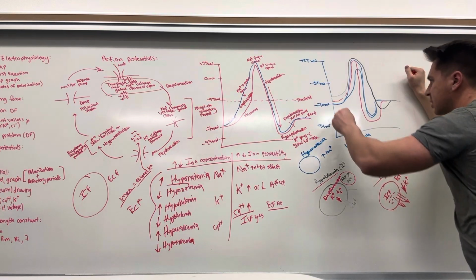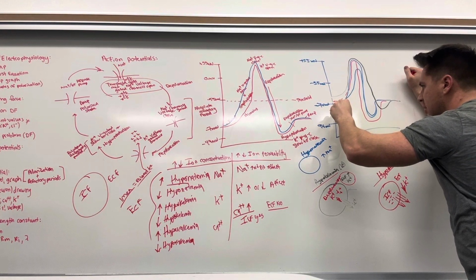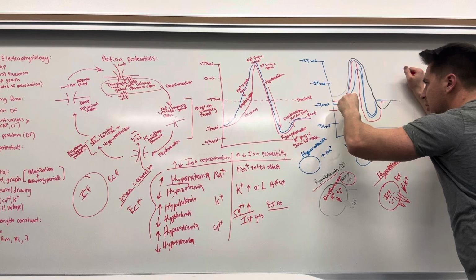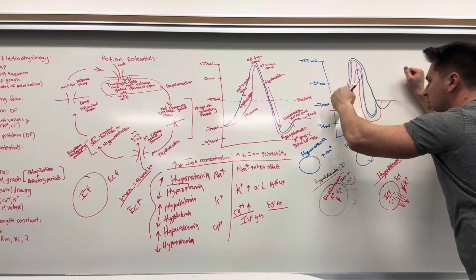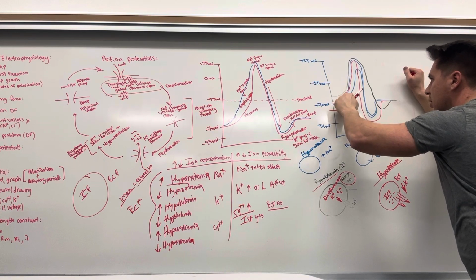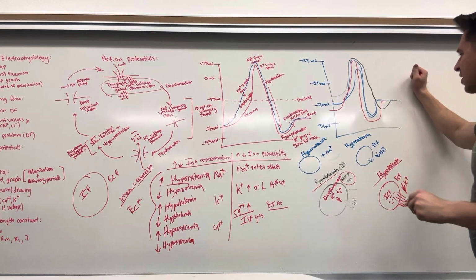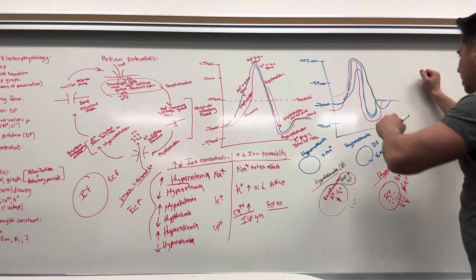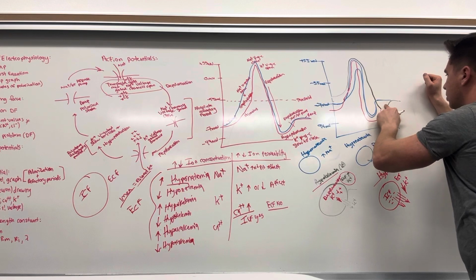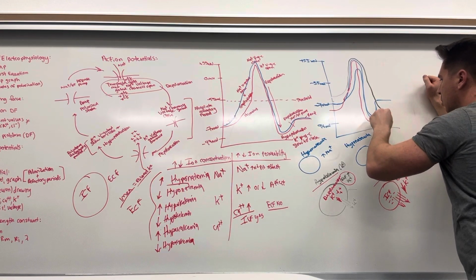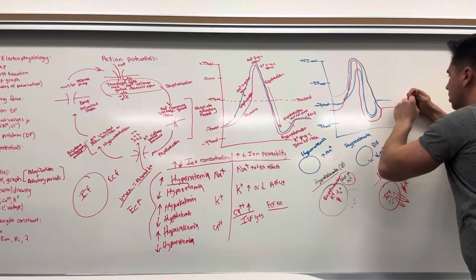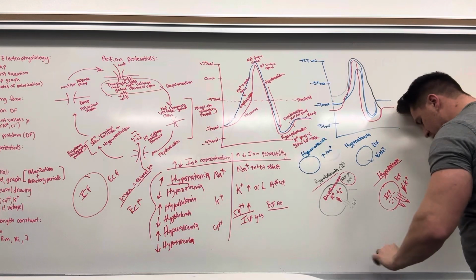So our starting resting membrane potential drops. And we start from here. And we come up like normal. And then we have that faster drop down. And then this resting membrane potential would finish right where the new one had depolarized.